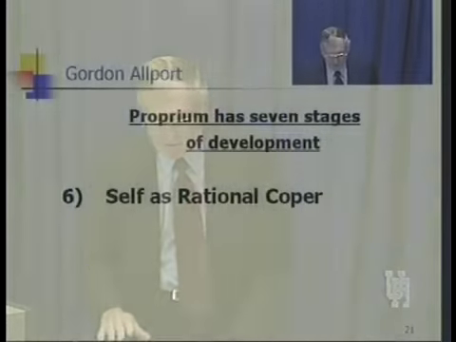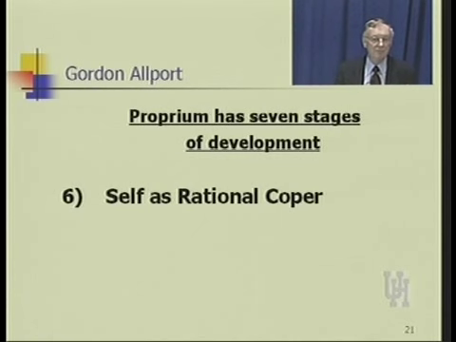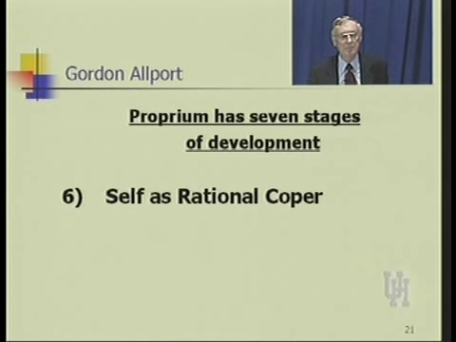Now, by the time the child is age 6, and this next period, by the way, he says runs from about age 6 to age 12, children begin to engage in reflective thought during this time. And it's interesting that, depending on which people you talk to, when children actually begin to be reflective, that is, begin to make judgments, differs in all kinds of ways.